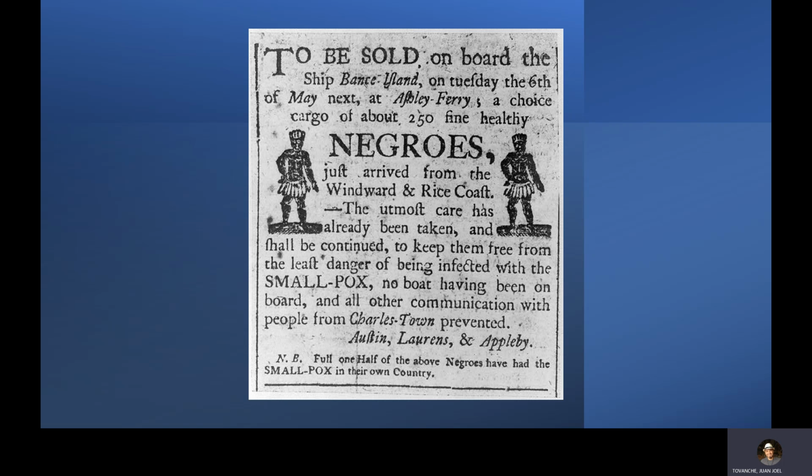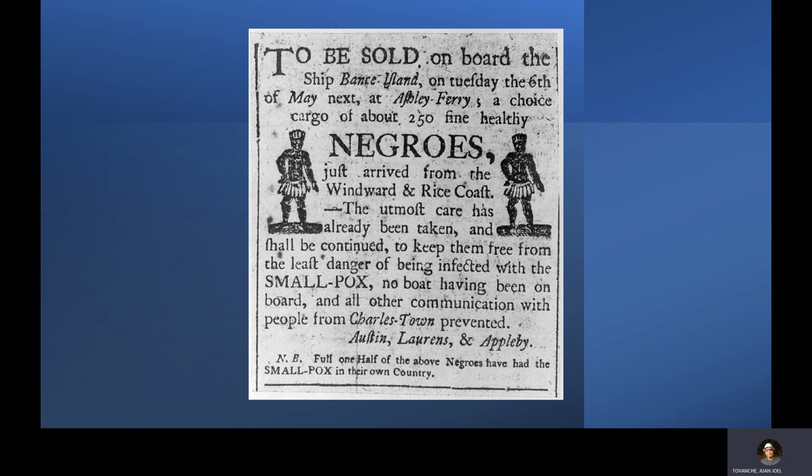What we should know, of course, is that Africans, I don't have to tell you this, are not immune to smallpox, right? You can just tell from this advertisement because they're telling you, don't worry, they don't have it. And in fact, they go on to tell you that half of them had already had smallpox back home, presumably cured by now.